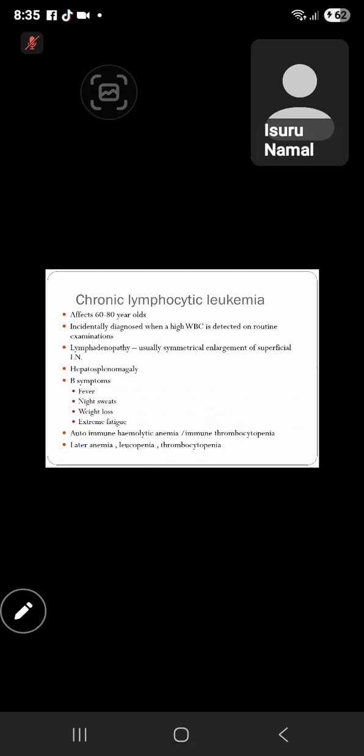When you go to the full blood count analysis, sometimes CLL may be mistaken for viral infection, right? Because in these full blood count reports you can see a slightly elevated WBC count sometimes, with normal hemoglobin and normal platelets, but the lymphocyte count is high continuously. Gradually lymphocytes increase. When you go through the blood picture, you can see some reactive types of lymphocytes, which normally gives evidence of viral infection.